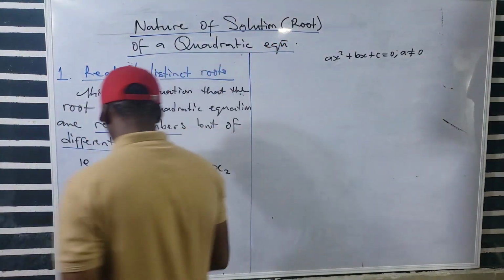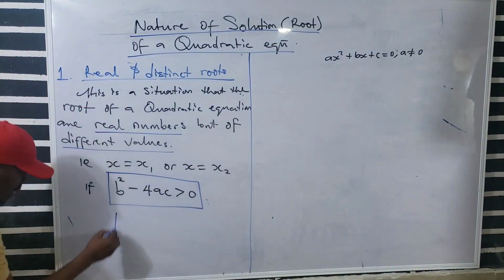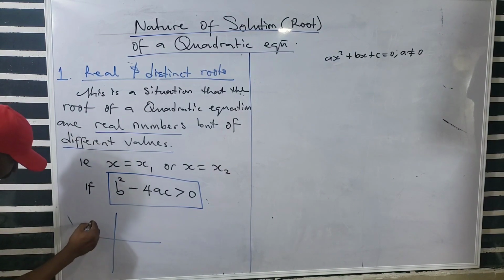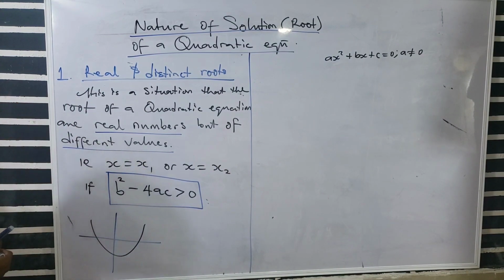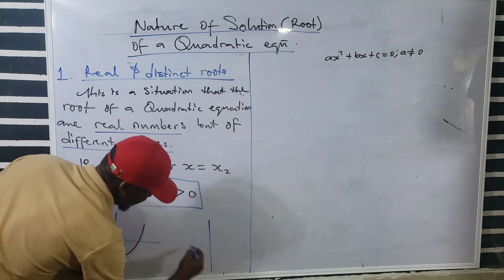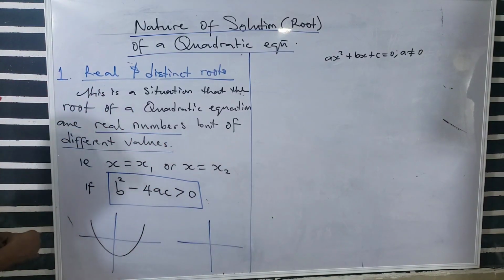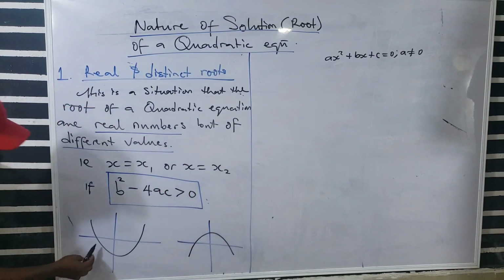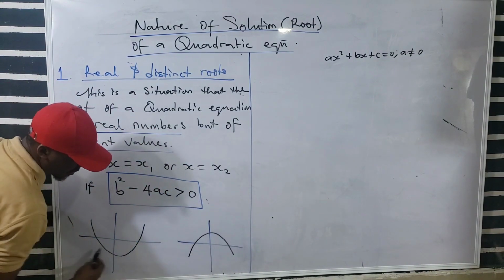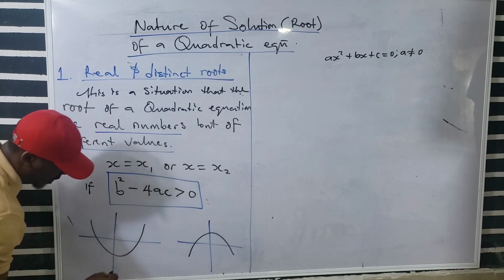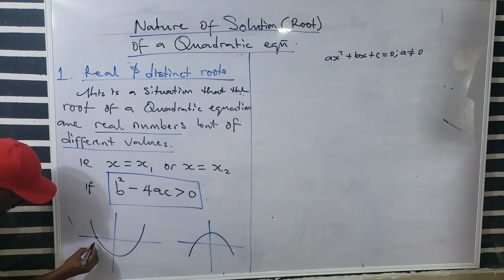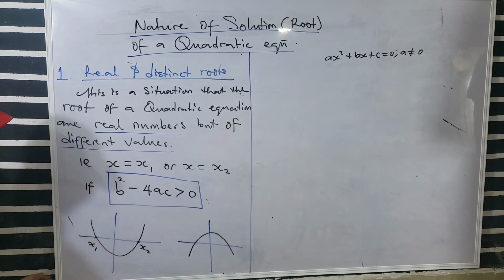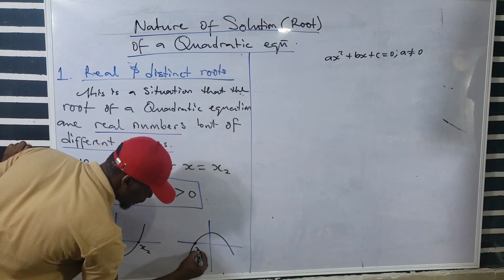Now we can also see that when you plot your quadratic graph. When you have a graph of this nature, whether it's like this or like this, it simply means that the quadratic equation has real and distinct roots.